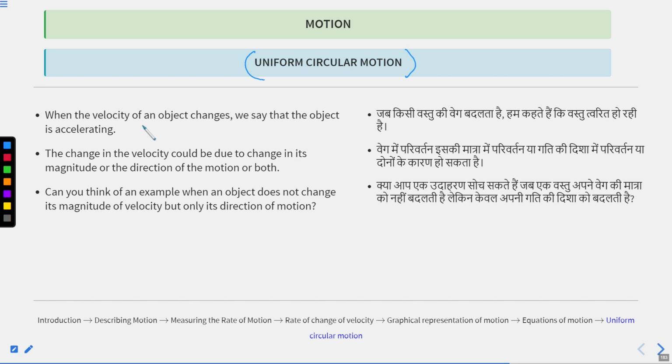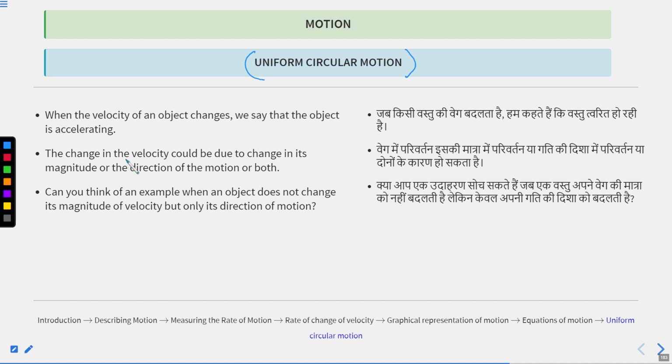When the velocity of an object changes, we say that the object is accelerating. When you continuously change the velocity of the object, it means you are providing that object acceleration or retardation. So we say that the object is accelerating in positive or negative, both ways.